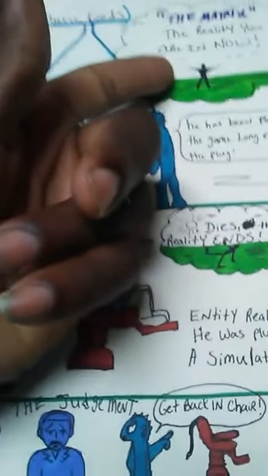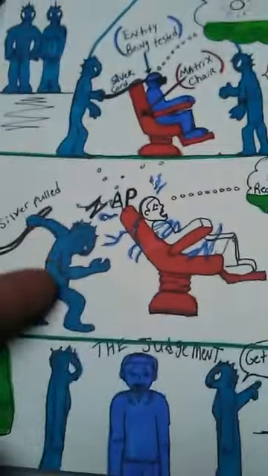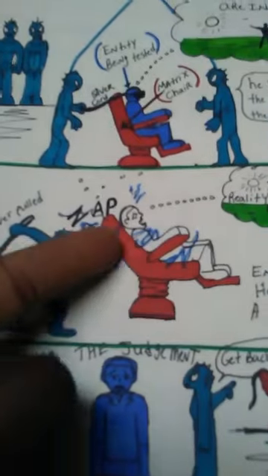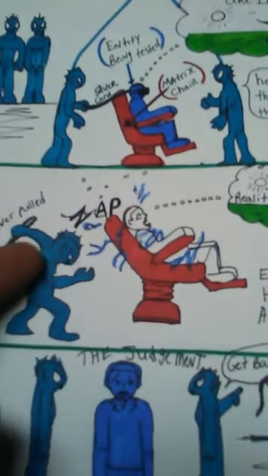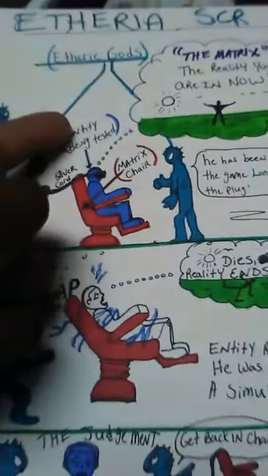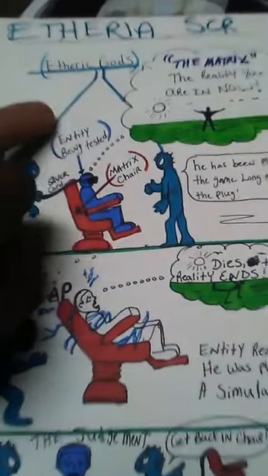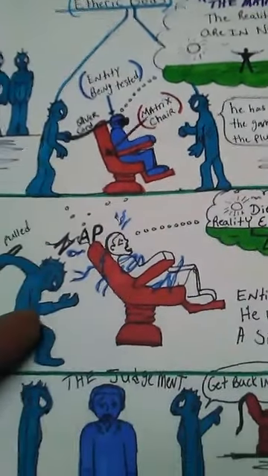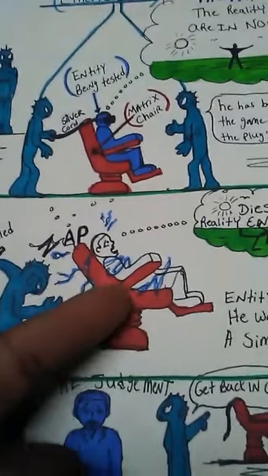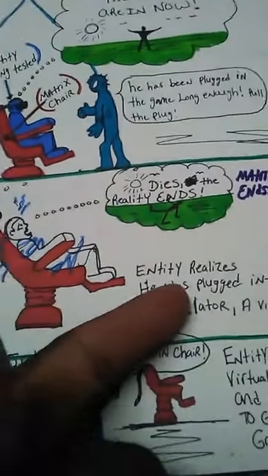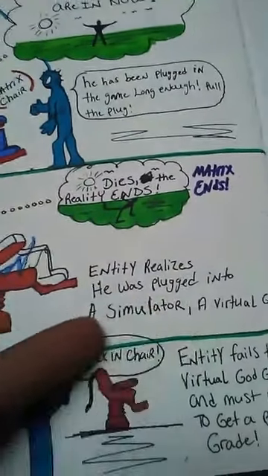And when they pulled the plug, which is the silver cord that had you tapped into this virtual game, that was actually you dying in this reality. To realize, damn, the real place is Etheria. To realize that you was tuned in. So the entity realized he was plugged into a simulator, a virtual game.